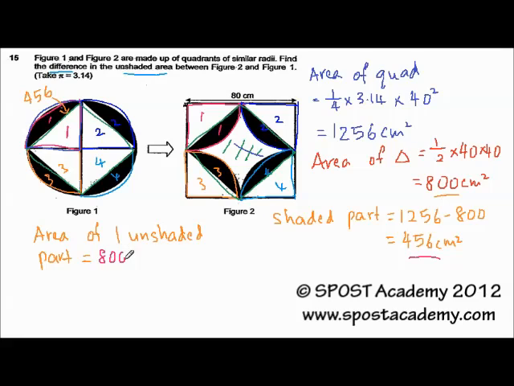So 800 minus 456, I will get 344 cm square. Therefore, I need to find 4 parts. I just need to use 344 times 4, which is 1376 cm squared.